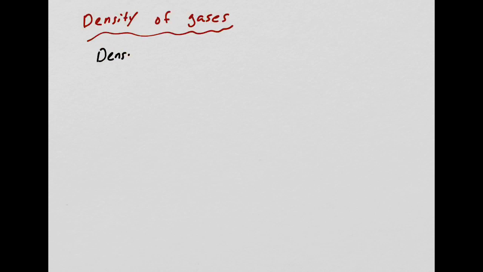Remember what density is. Density is mass over volume. Do you agree? Okay. Now for gases, it's PV equals nRT. So density is mass over volume, and gases follow PV equals nRT. So far so good.